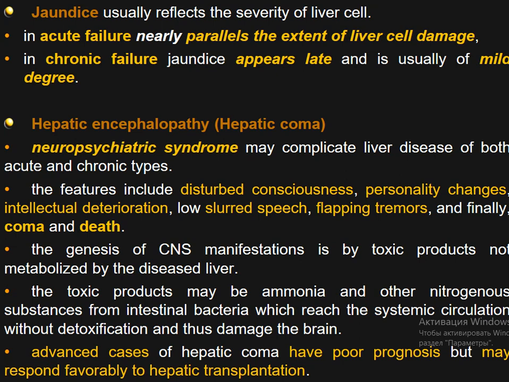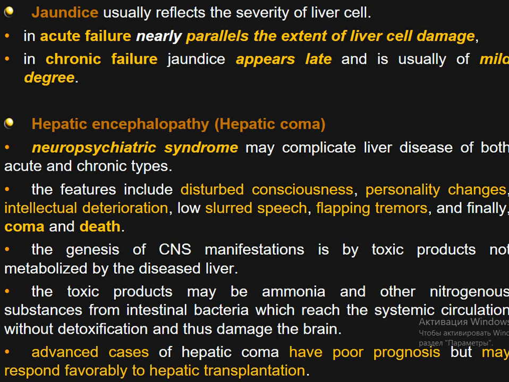It represents a neurological syndrome, and this syndrome may complicate liver diseases of both acute and chronic types. The features include different neurological manifestations, for example, personality changes, intellectual deterioration, slow slurred speech, flapping tremors, and finally coma and death.